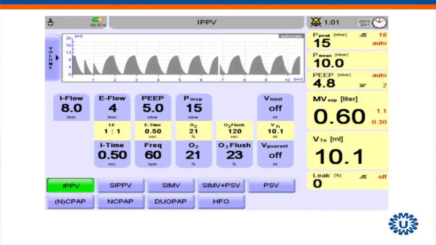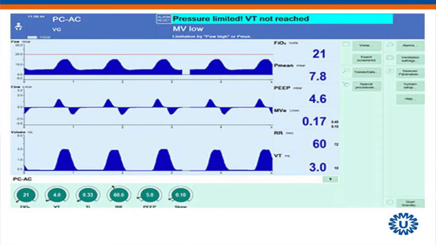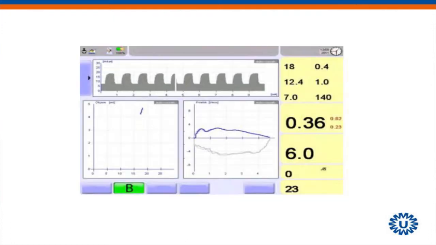It's sometimes possible to have 2 waveforms on your screen. This is nasal CPAP. And some machines offer you 3 waveforms. We prefer a combination of waveforms and loops on one screen, like this: 1 or 2 waveforms and 1 or 2 loops.